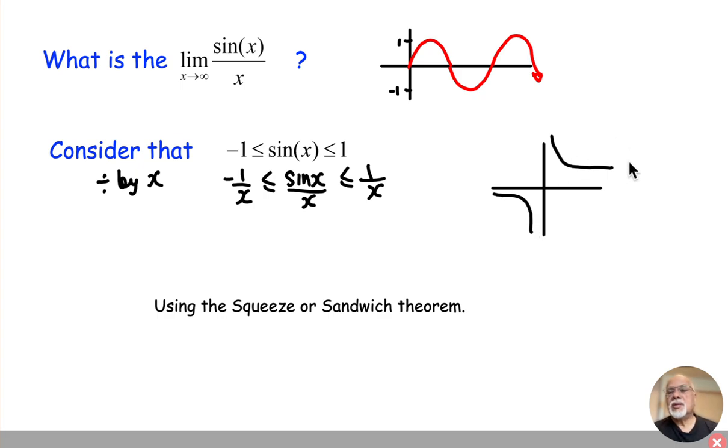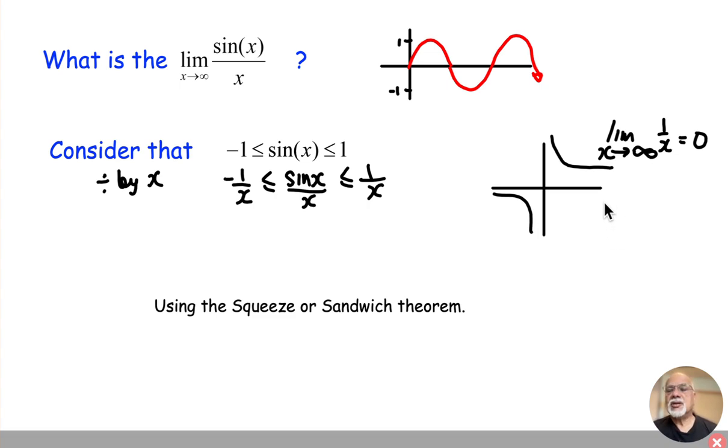And we know that the limit as x approaches infinity, both positive and negative, so I can just write it like this, of 1 over x is just 0. The same is true for negative 1 over x, because negative 1 over x would just be the reflection of 1 over x in the x-axis.